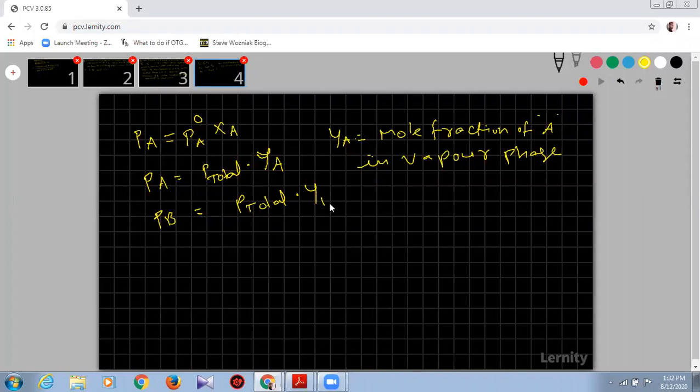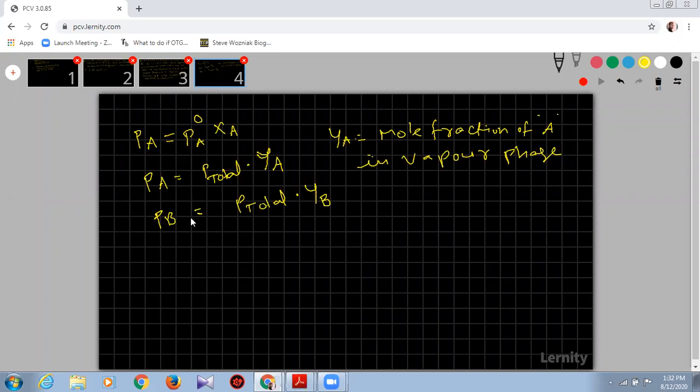YB here is the mole fraction of B in vapor phase. Now, instead of PA, what can I write?